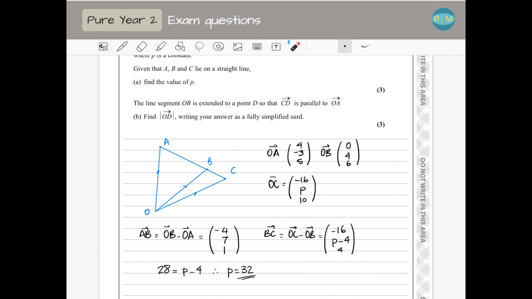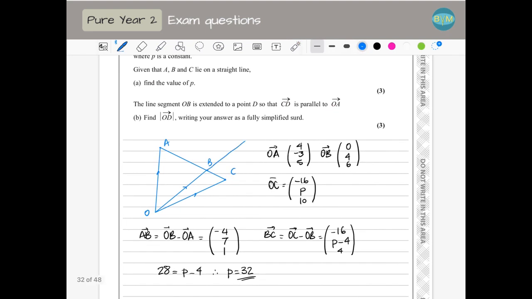I have this line extended until it meets a line that is parallel to this line. This line and this line are parallel, and this point is B. So this is what we have.